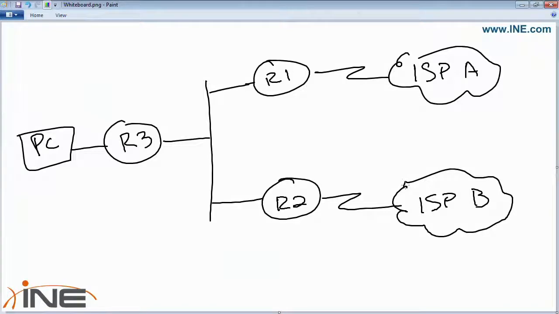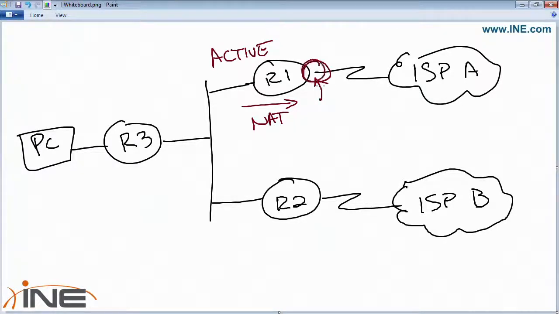Now in this particular design, it's a lot easier to maintain the symmetrical routing simply by doing network address translation. So let's say, for example, that router 1 is elected the active router, and when its flows are going outbound, it's doing a network address translation to this IP address.